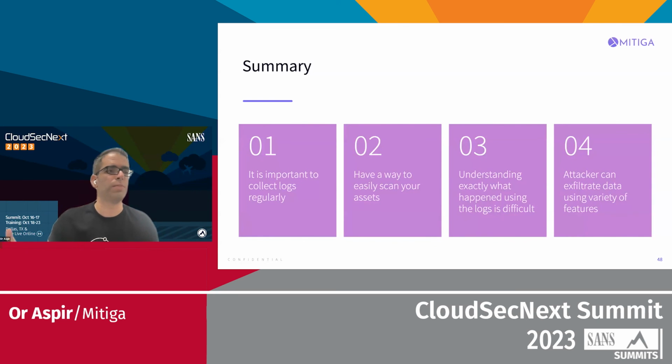Sometimes the logs miss important and critical information, as you saw in the transfer service. So if you can describe, list and read your resource metadata, you can still understand what happened in a day, in an hour. Find a way to scan your assets and save them in a way that you can query them later on.